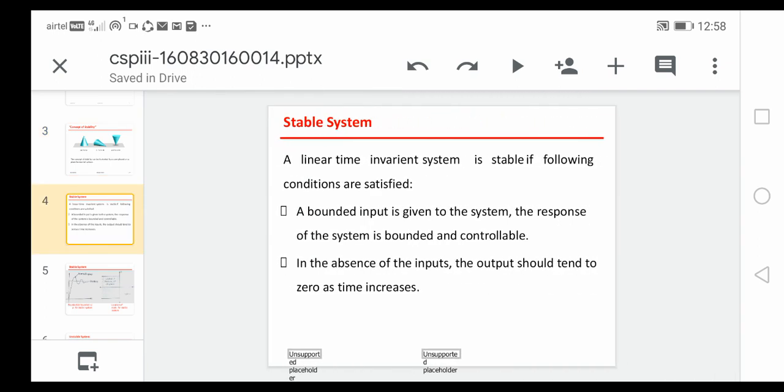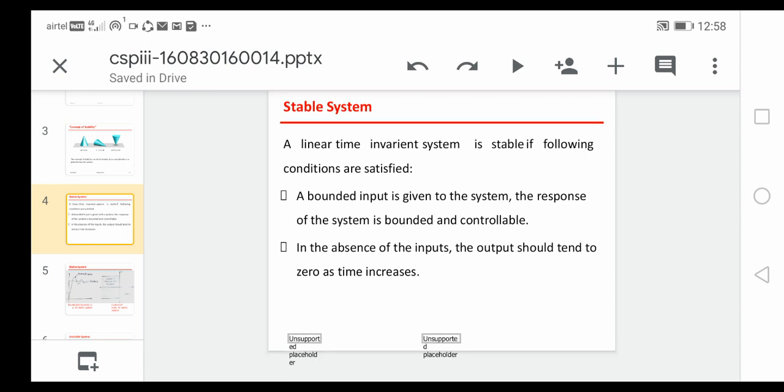How are you going to define the stability of a system? For a bounded input, the output must be bounded. The response of the system is bounded and controllable.